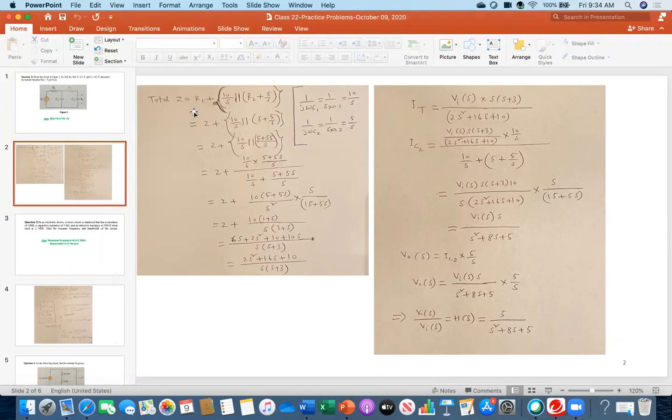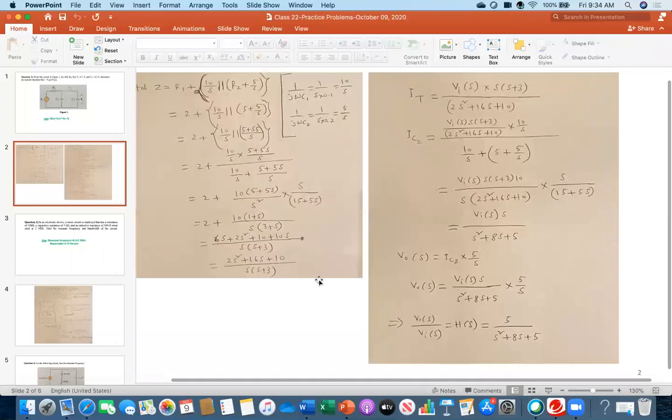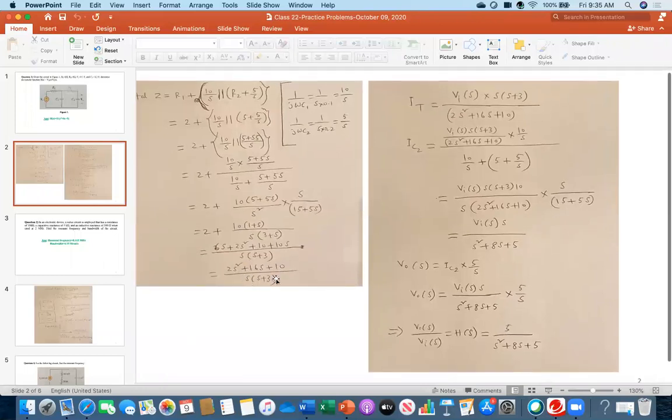And then R2 plus 5 over s is in parallel with 10 over s. Then this combination is in series with R1. So my total impedance I have expressed as 2s squared plus 16s plus 10 over s times s plus 3. You might put it in a different format, but after simplification I put it in that format.